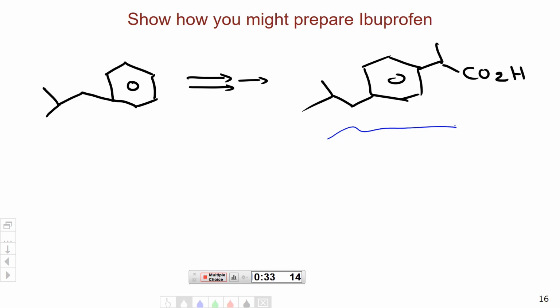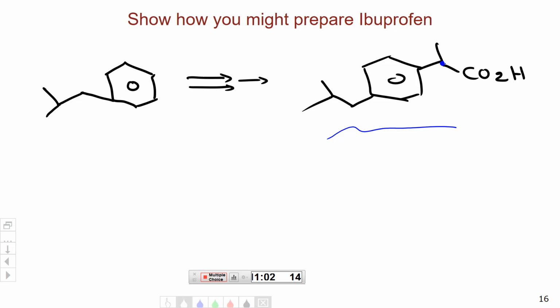Now, one thing that I'm not showing in here, and I'm not expecting that you will do with the amount of knowledge that I taught you in this class, is that in ibuprofen, this carbon is chiral. Usually in ibuprofen, this has either R or S, and only one of those enantiomers is active in the body.